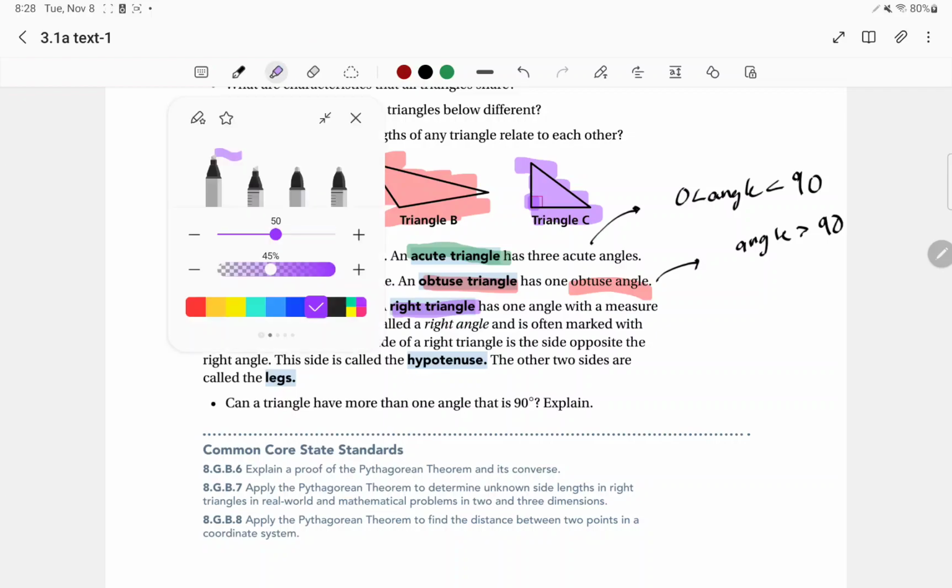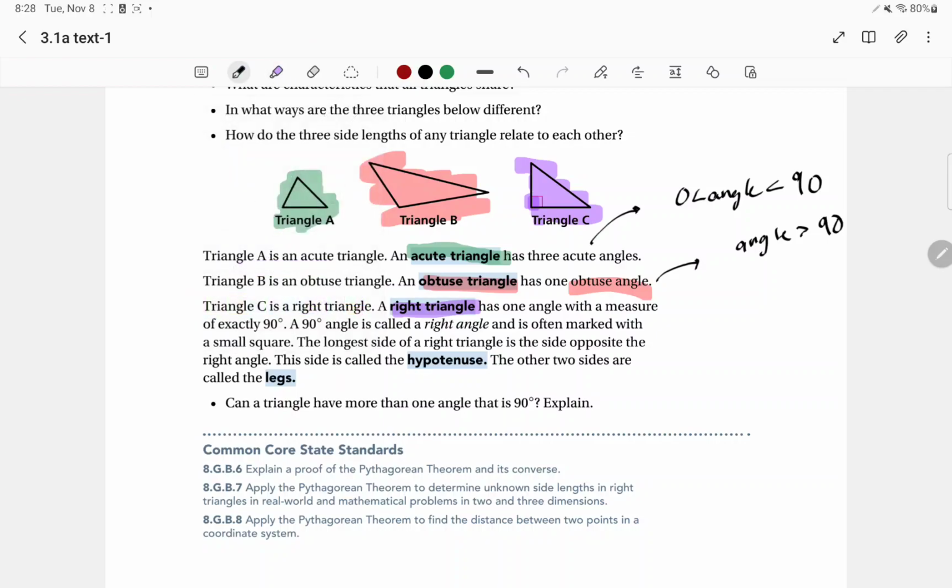Now, the right triangle has its different parts. So draw a right triangle in your notes like I'm doing here. This longest side is always going to be what's called the hypotenuse. All right, and it's always going to be the longest side.